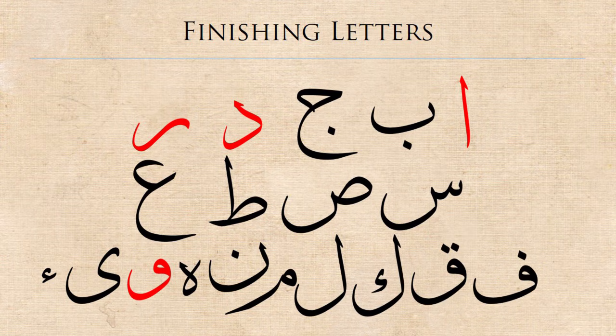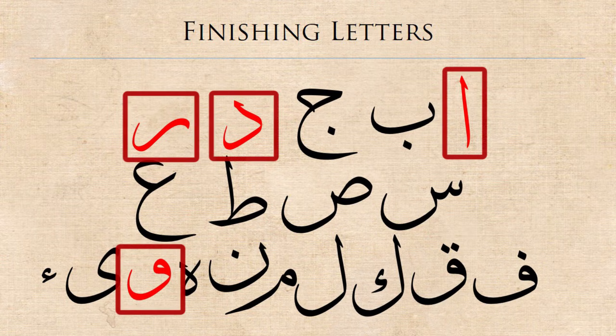A module really is a group or cluster of letters that are connected together. A word can have 1, 2, or maybe even more modules. Anyways, there are 4 finishing letters in the Arabic calligraphy alphabet, and they are Alif, Dal, Ra, and Waw.